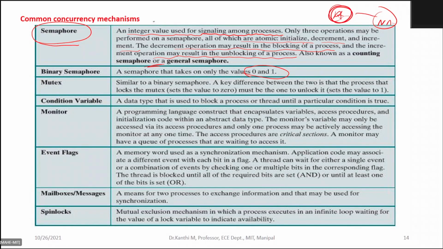But in the counting semaphore, you have some token counts. Maybe I'll discuss the state diagram in the next class. So you may have a set of tokens and you can issue the tokens as long as there are some. As you keep issuing the tokens, the token count will be decremented, and when the token count becomes 0, there are no tokens available to issue.